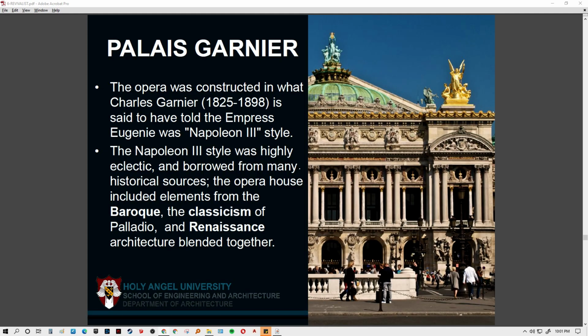One good example is the Palais Garnier, or the Palace of Charles Garnier. It is an opera house, and it is said to have Napoleon III's style of structure, borrowing some design elements from that building.